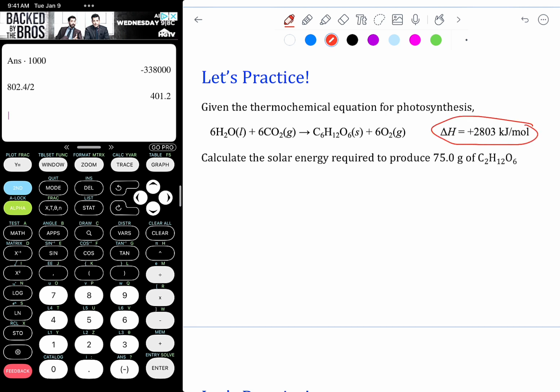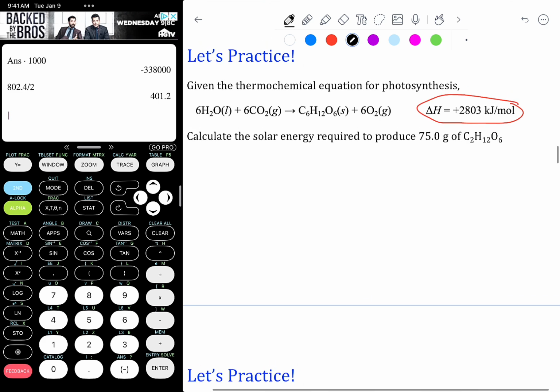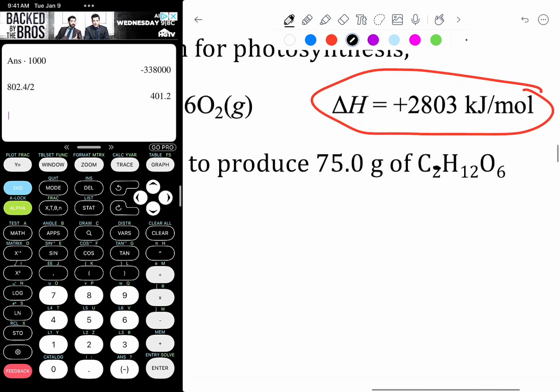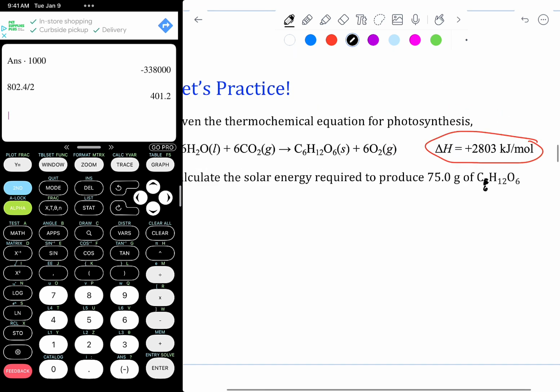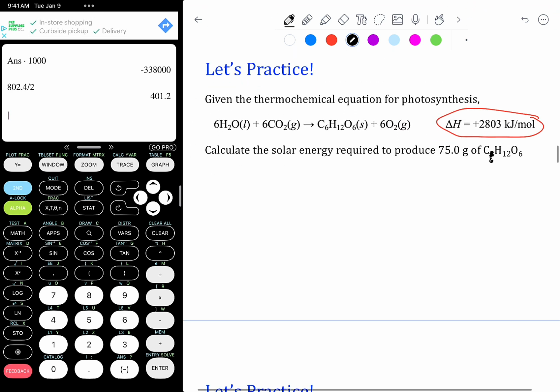Calculate the delta H value, in kilojoules, required to produce 75 grams of C6H12O6. I don't know if that's a typo in your lecture notes as well, but if it is, change that to C6H12O6. Sorry about that.